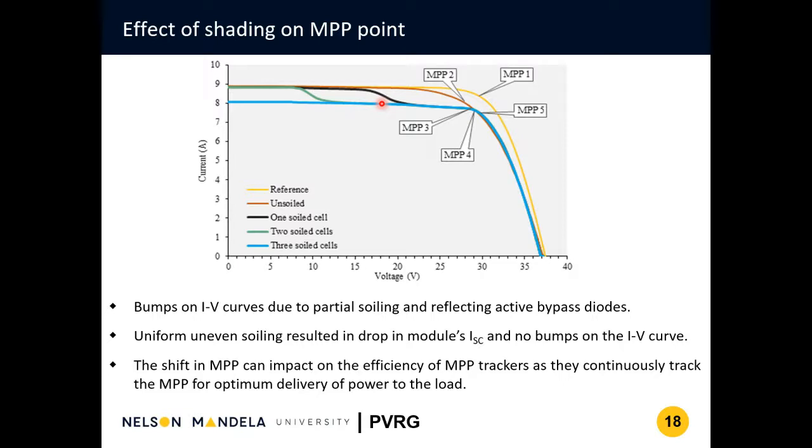But that blue IV curve is showing no bump because the shaded substrings were generating equal currents, so there is no mismatch in the substrings, and there is no bypass diode conducting when all the three cells in different substrings were soiled.